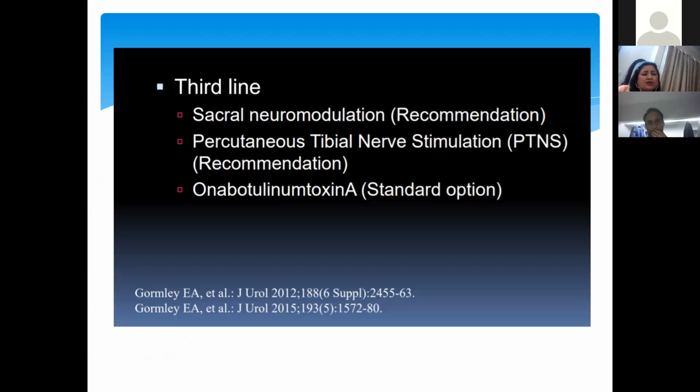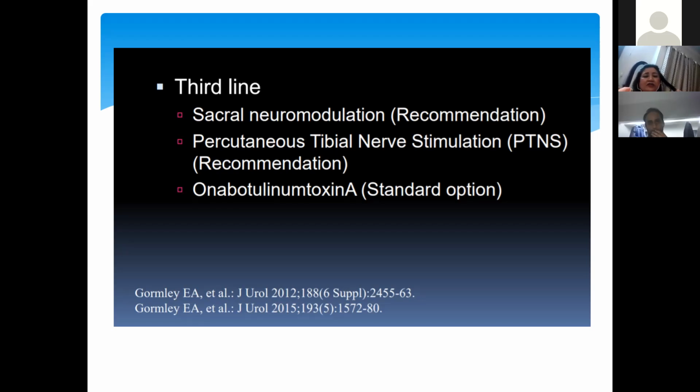It's my practice to start off with pelvic floor muscle training with better habits and one anticholinergic. So if 12 weeks of all these three fail, with good compliance, I would say it is refractory OAB. But in my clinical practice, it takes around 6 months to label somebody as refractory OAB.